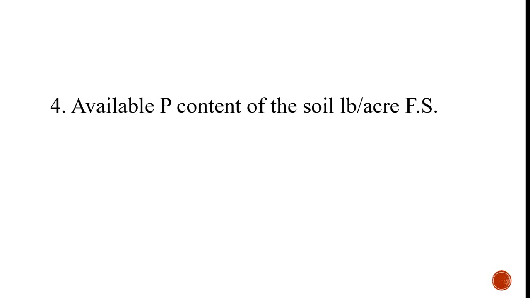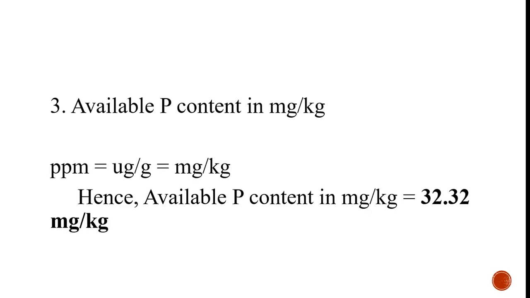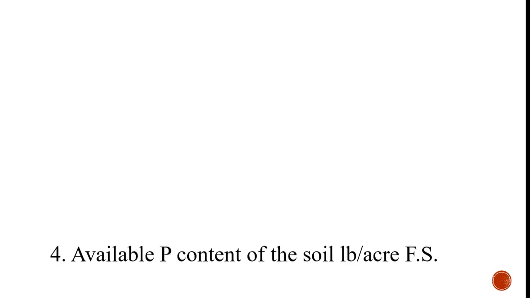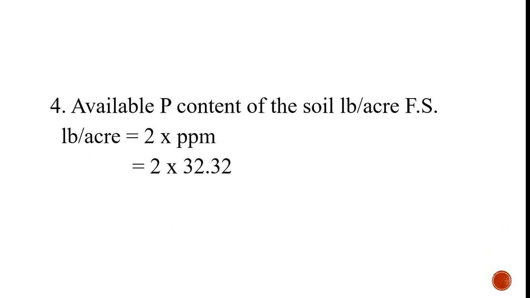I encourage you to watch the video to get a better understanding of this. So pounds per acre equals 2 times parts per million, where parts per million is the same as micrograms per gram and also the same as milligrams per kilogram. As calculated earlier, parts per million will also be 32.32 because they are all the same. So in that case, we have the pounds per acre to be 2 times 32.32, which is 64.64 pounds per acre.